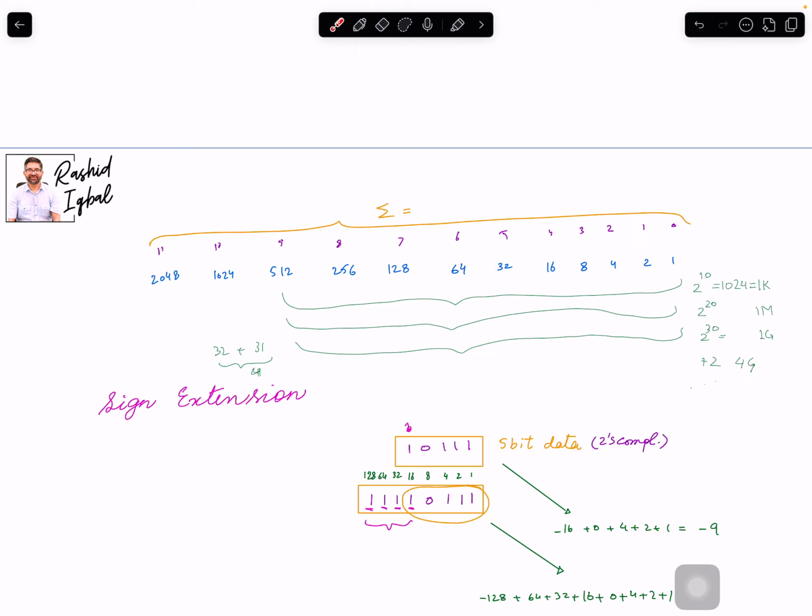The important thing here is that in 10 bits, if you add up all of them, we have 1k. If you have 20 bits, then you have another 1k by 1k, 1 meg, and 30 bits gives 1 gig. Since every extra bit multiplies by 2, in 32 bits the number of locations we can address is 4 gig.